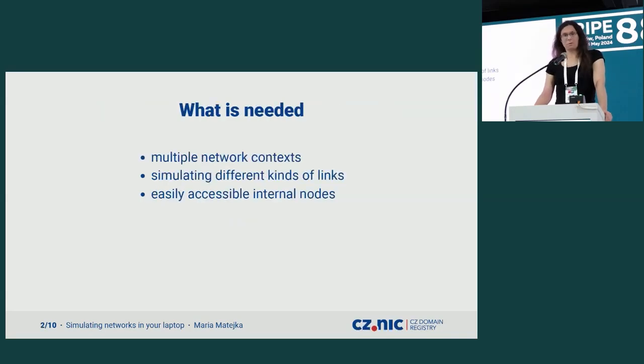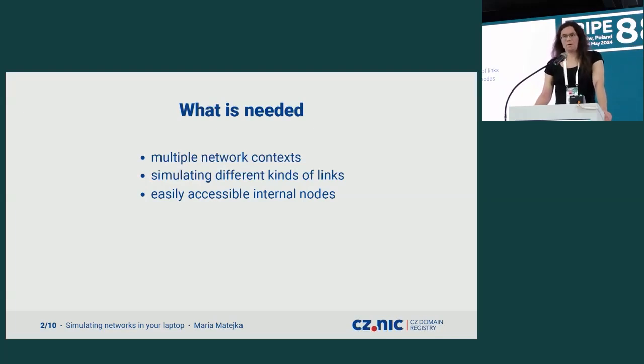So what we need for testing routing software is to create different network contexts. We have to keep different TCP/IP stacks, and we need to connect those with different kinds of links, and we have to run some software in the context of those networks, of those TCP/IP stacks.